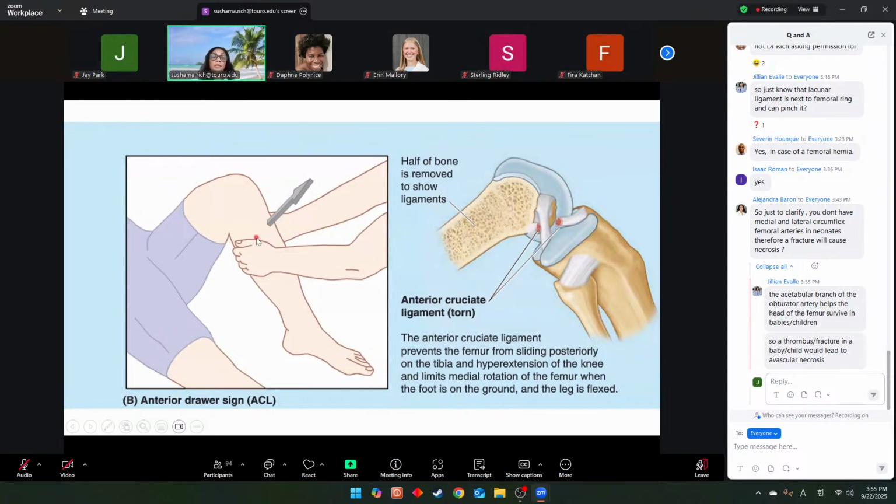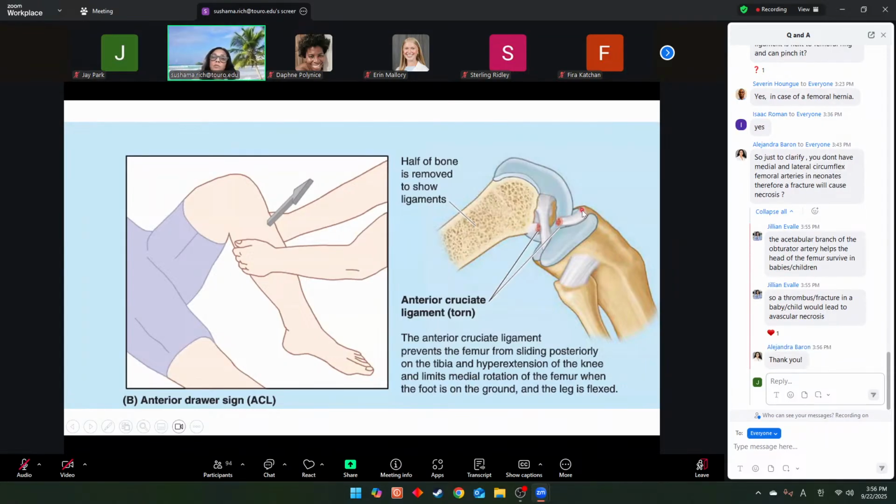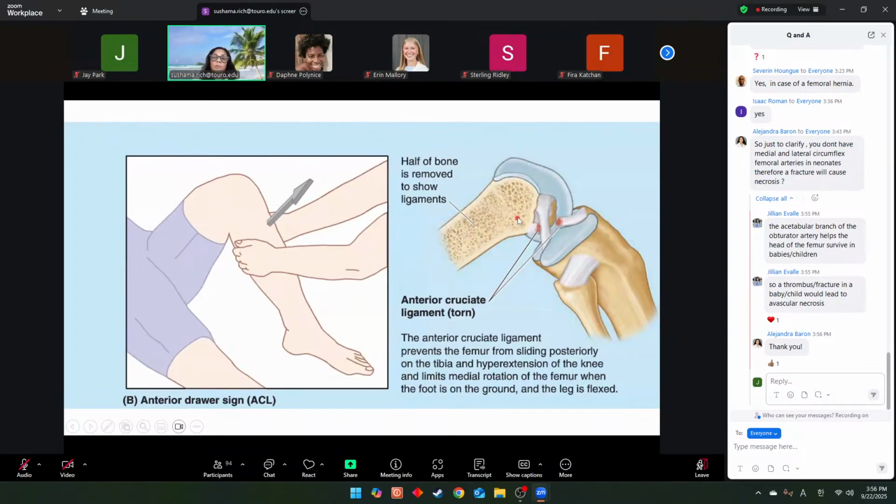And you pull the tibia anteriorly. If I can move the tibia excessively anteriorly, that means the ACL is torn, so it's not able to hold on to the anterior portion of the tibia. The tibia will come forward and the femur will roll back. This is called the anterior drawer sign. It's like pulling a drawer out; the tibia is coming out.